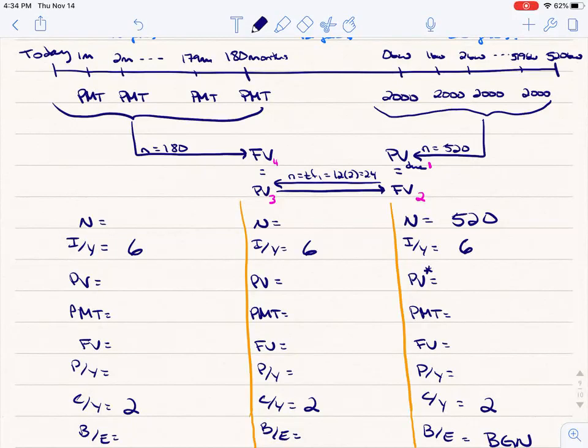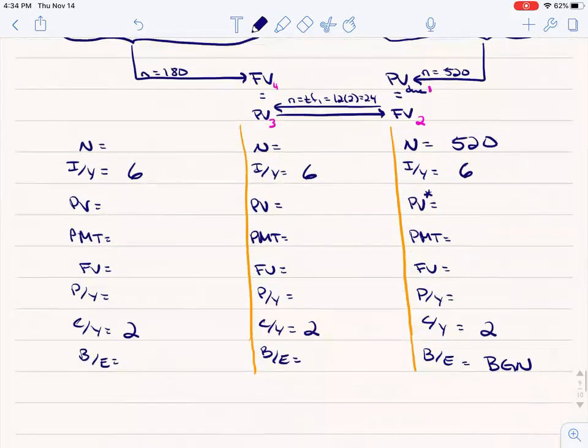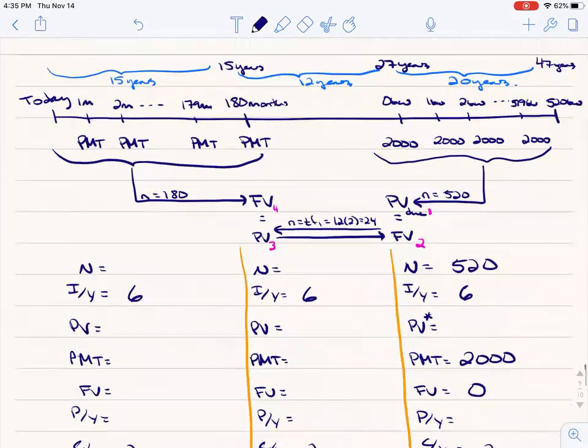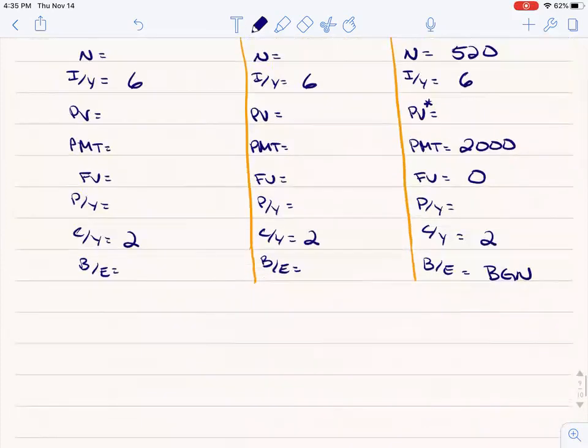Since I'm getting these payments, right, I'm getting payments of $2,000, it's coming to me, so it's positive. So positive 2,000. Once that's all done though, after the 20 years, the future value of this is going to be 0. And for my payment frequency, it's bi-weekly, so it's 26.